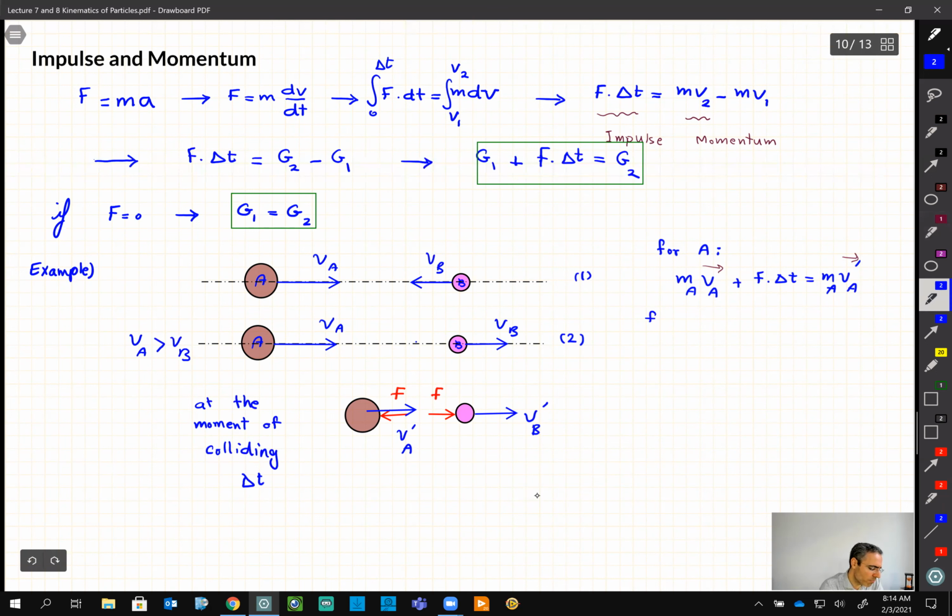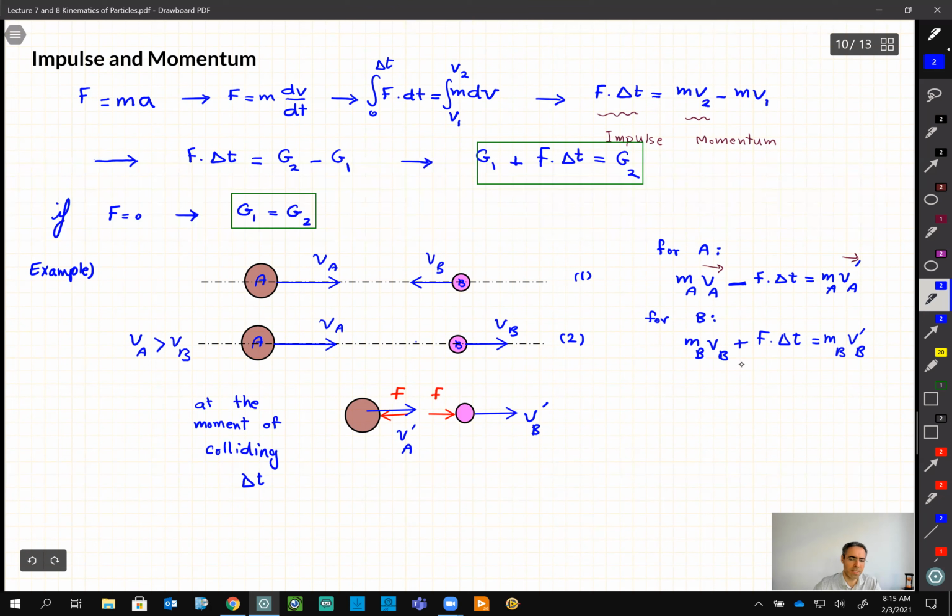And what about the same thing for particle B? I can write MB VB plus, not this time. Oh, maybe we should be careful here. If the positive direction is to the right, then for A the force is negative, and for B it is positive. F delta T is equal to MB V prime B. All right, so pay attention, because the force on B is to the right and on A to the left is the opposite direction. So it is minus F.